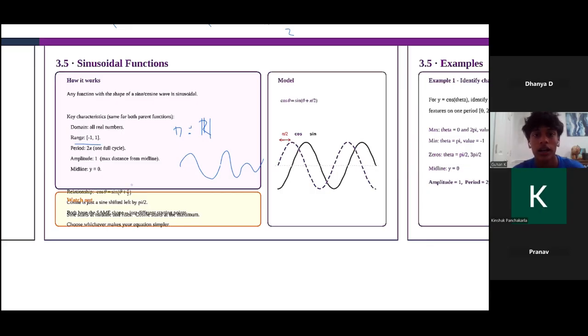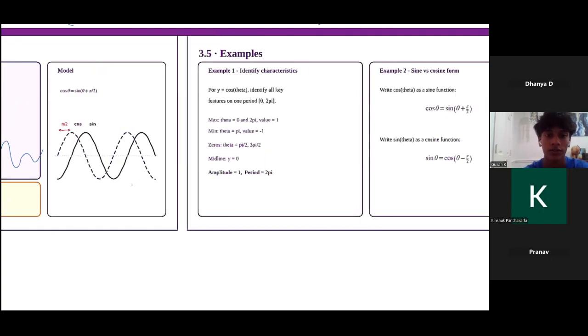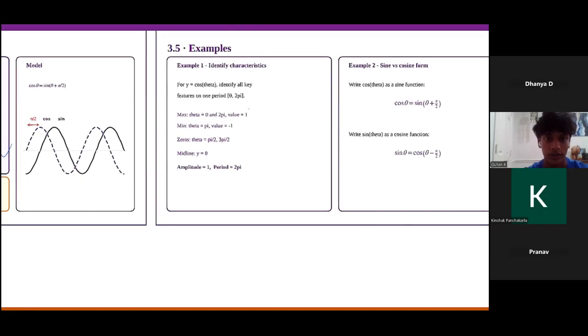Okay. Identify characteristics. For y equals cosine of theta, identify all key features on one period. The maximum is going to be when theta equals 0 and 2 pi, the value is going to be 1. The minimum is when theta equals pi. Let me just draw out the graph so it's all clear to see.